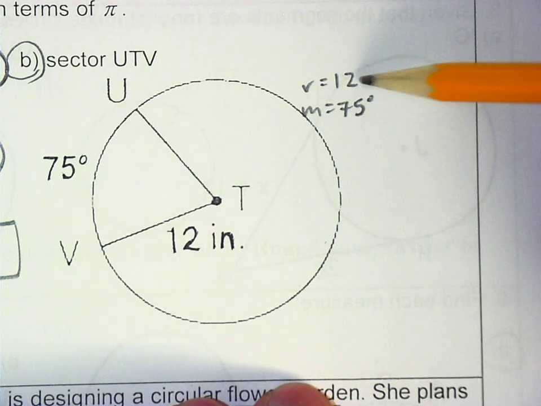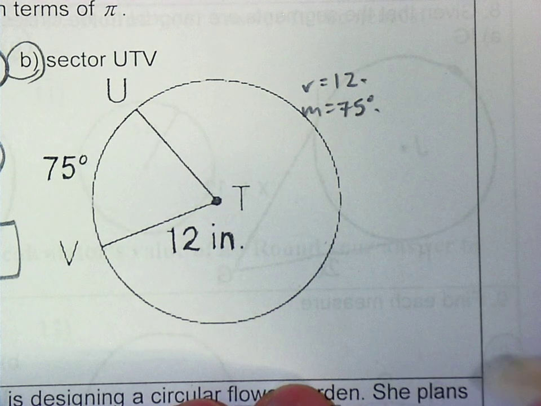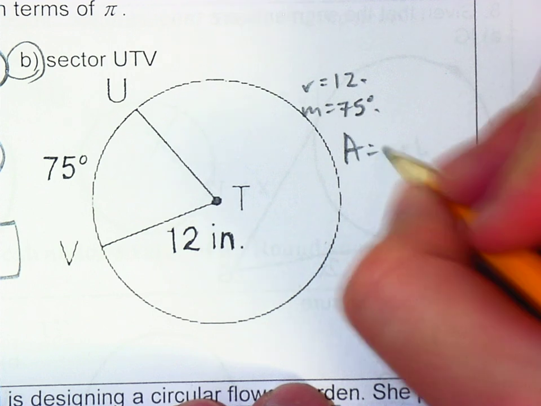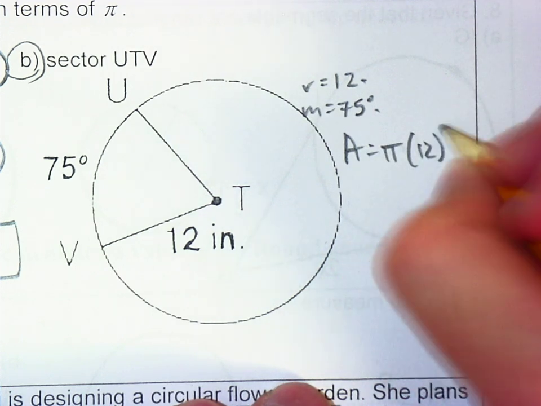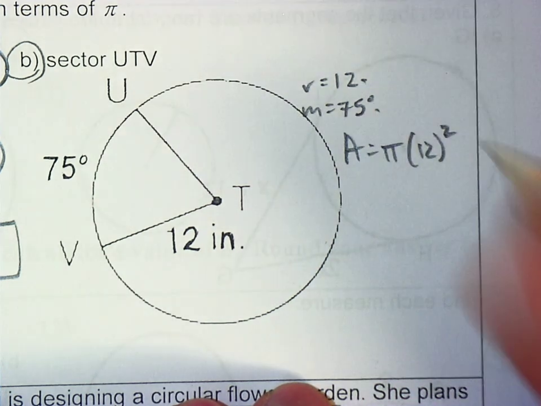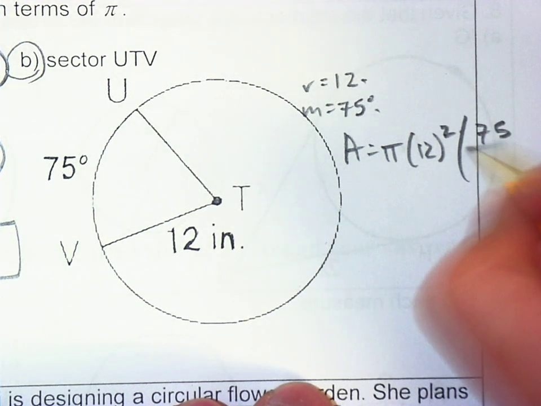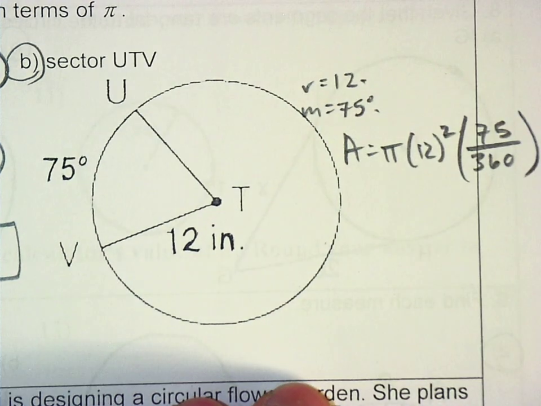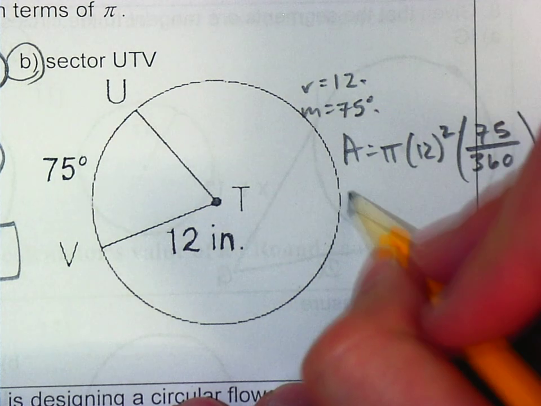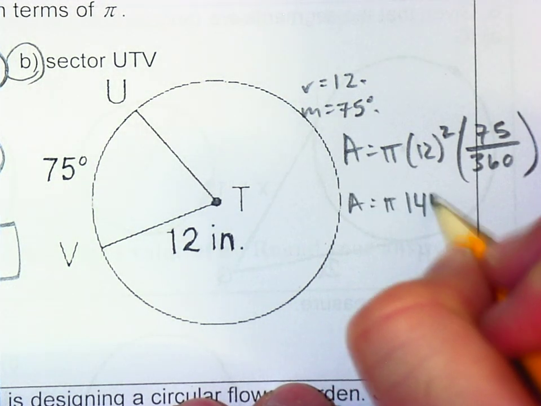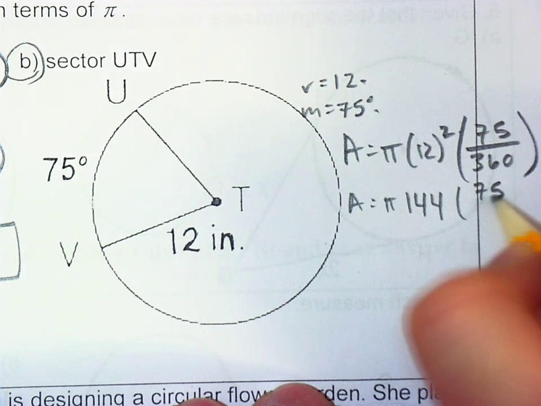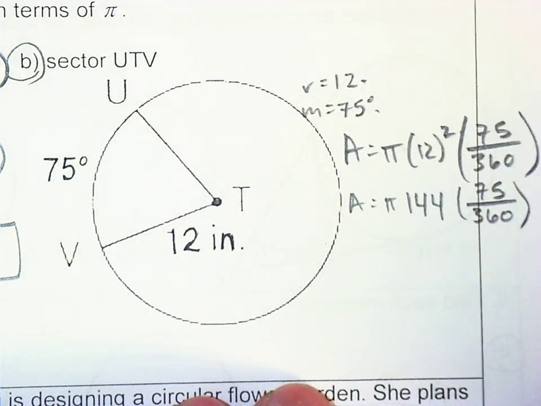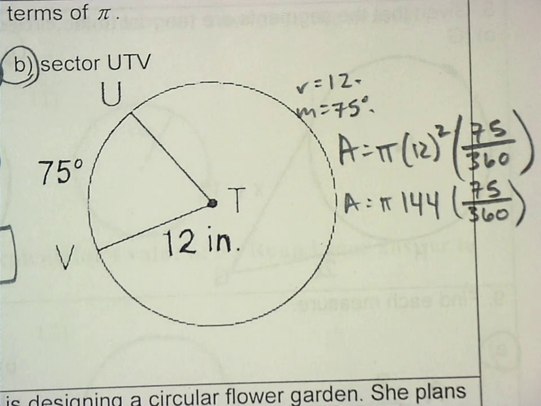All right, and then last but not least, over here, we're going to use that same formula, just our r and our m are different. So area equals pi r squared, which in this case is 12, times m over 360. In this case, our m is 75. Well, I know 12 squared, that's just 144. And again, we don't know what 75 over 360 is off the top of our head, so we'll just leave it like that.